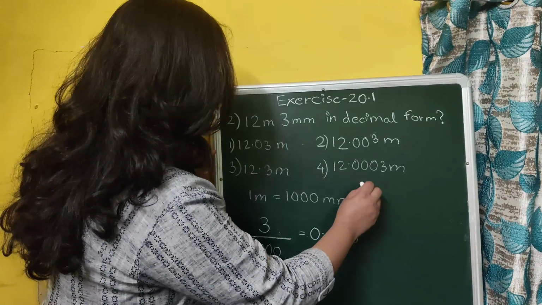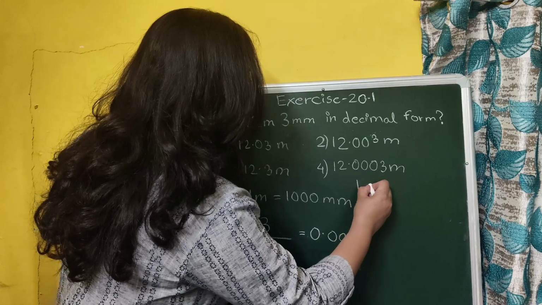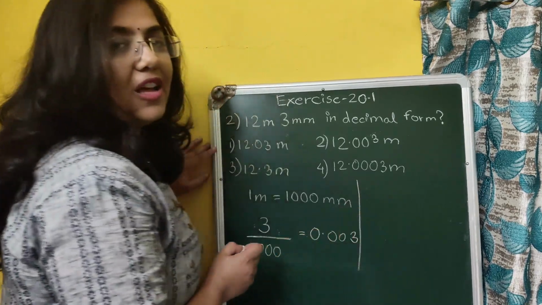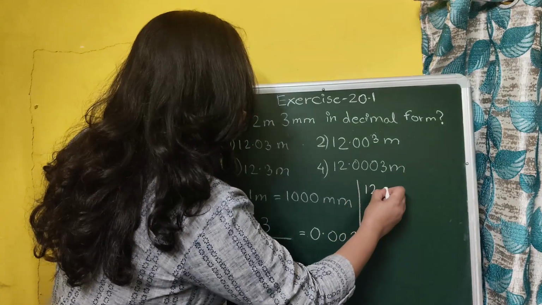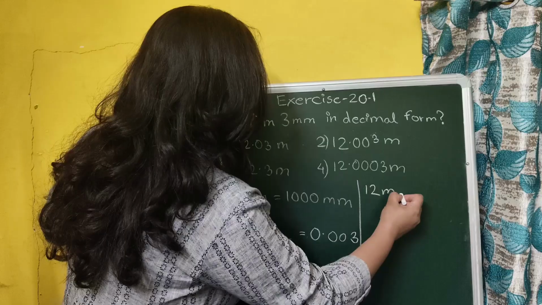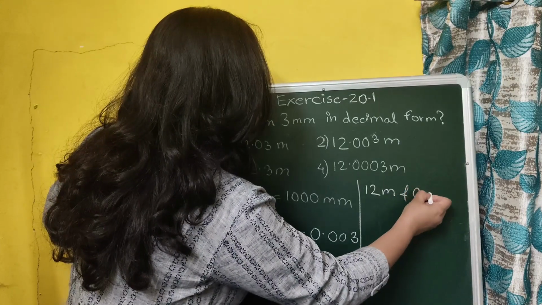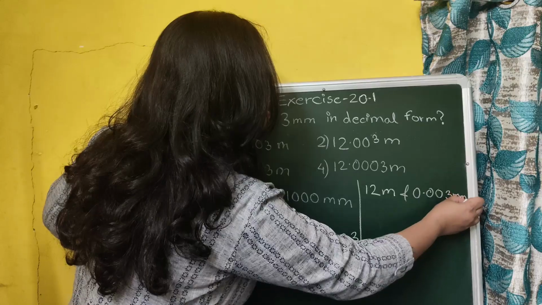So how are we going to write it? Just see. 12 meters and 0.003 meters.